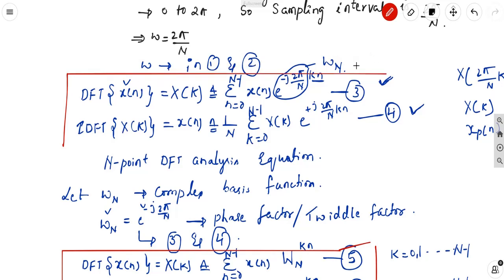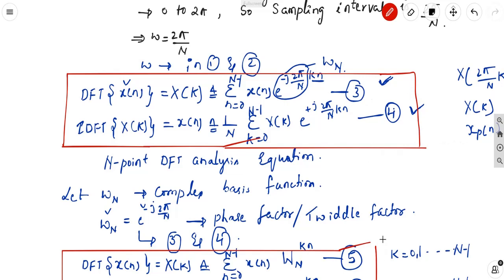Somewhere we are going to use the twiddle factor equations, and somewhere these two. Both sets of equations are the same: equation 3 is equal to equation 5, and equation 4 is equal to equation 6. The only difference is that the part e to the power of minus j 2 pi by N we have taken as omega N, which we call the twiddle factor or phase factor.